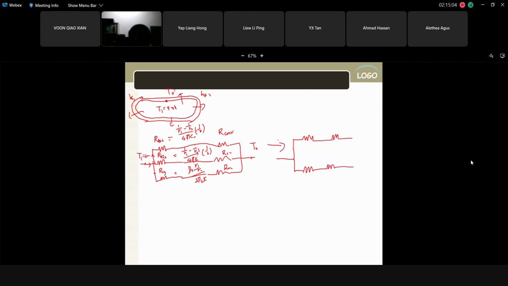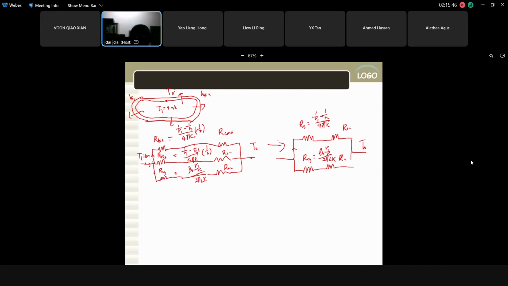The first part is for sphere, the second part is for cylinder. So R for sphere equals 1 over R1 minus 1 over R2 divided by 4 pi k. There is no half anymore because you combined already. And this is R for cylinder, it remains the same, ln R1 over R2 divided by 2 pi L k. And this is R for convection.